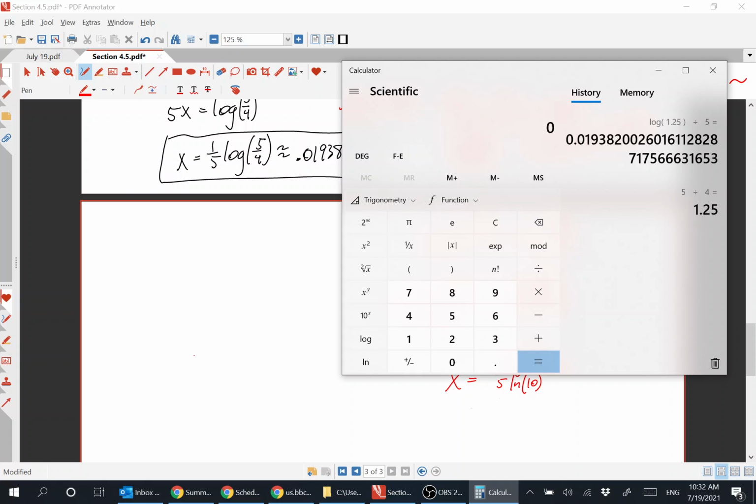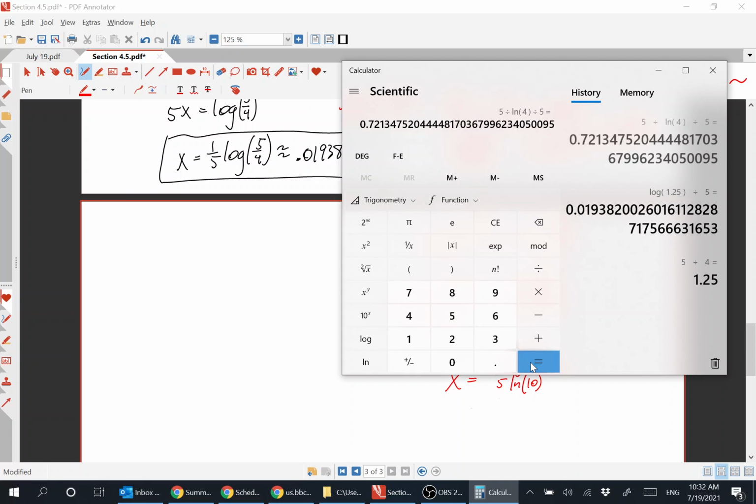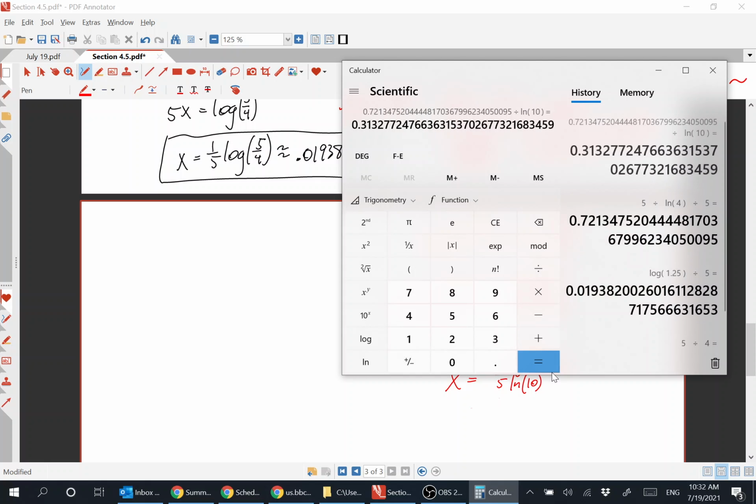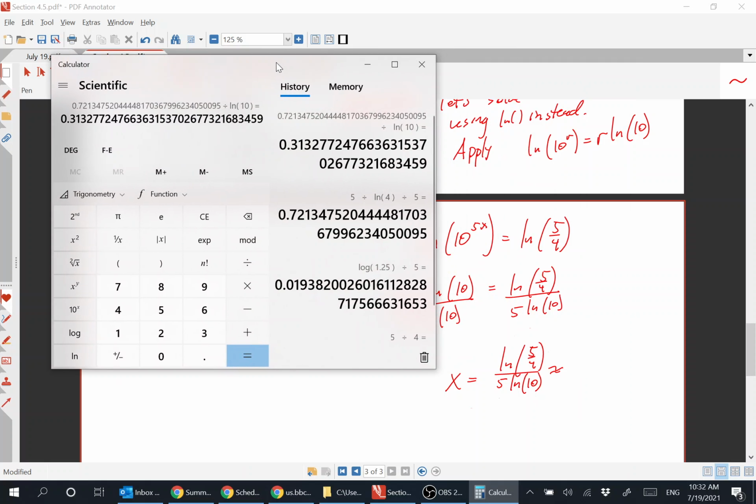So 5 divided by 4, natural log divided by 5, divided by 10 natural log, equals, there it is, oops, I did something wrong. Try that again.